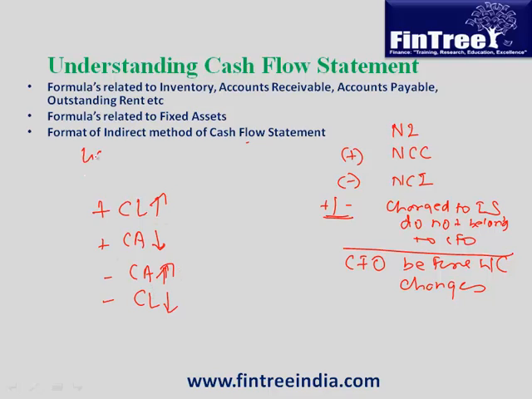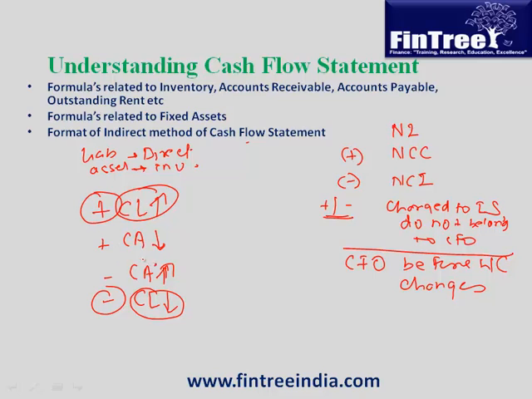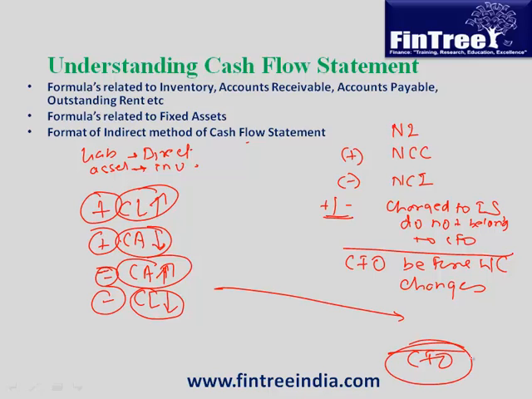If it's a liability, the relationship is direct, which means whenever the current liability increases, we will add. Whenever the current liability decreases, we will subtract. In case of asset, the relationship is inverse. So whenever current asset increased, we reduce, and when current asset decreased, we add. And then finally, after these 4 adjustments, what you'd get is the cash flow from operations.